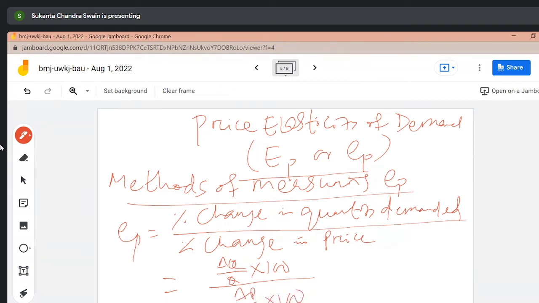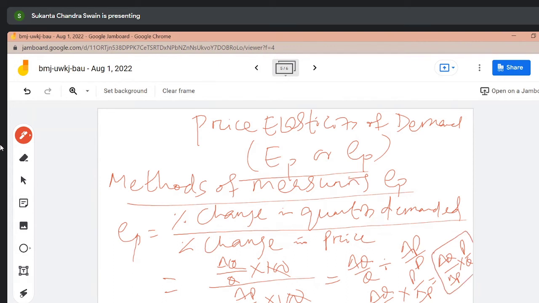Percentage change in quantity demanded means the change in quantity demanded by the original quantity demanded into 100. To simplify it further, the 100 will be cancelled. Del Q by Q divided by del P by P is equal to del Q by Q into P by del P, which is equal to del Q by del P into P by Q. This is the formula.